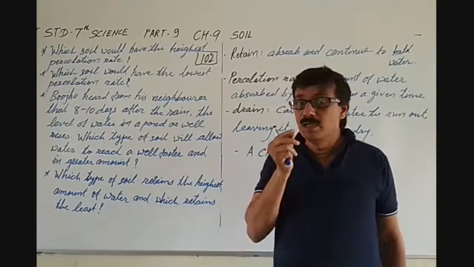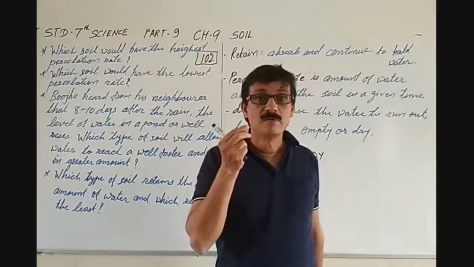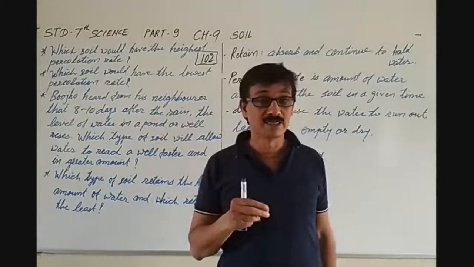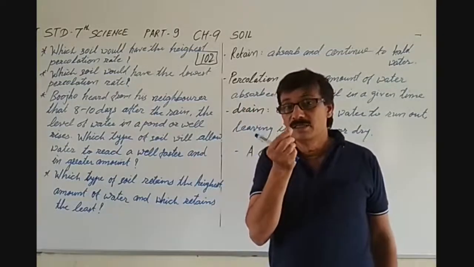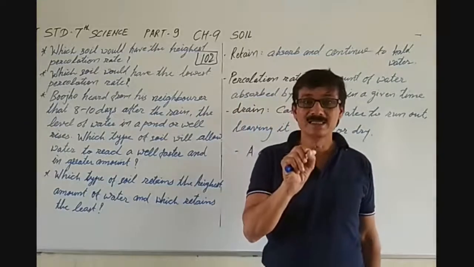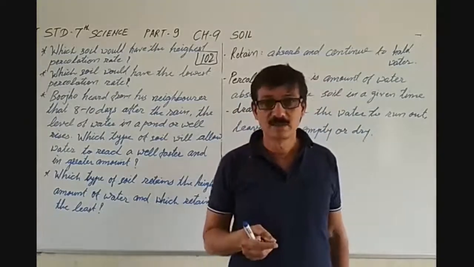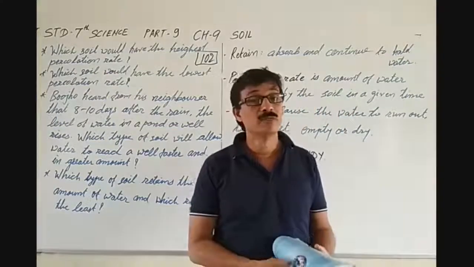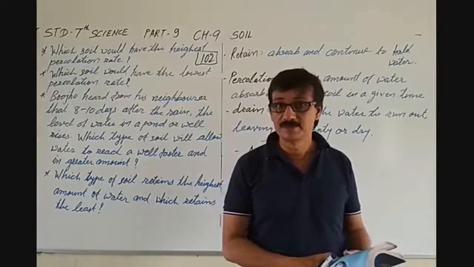The clay soil would have the lowest percolation rate, isn't it? Why? Because the space between its particles is very less, and that is why the clay soil would have the lowest percolation rate.